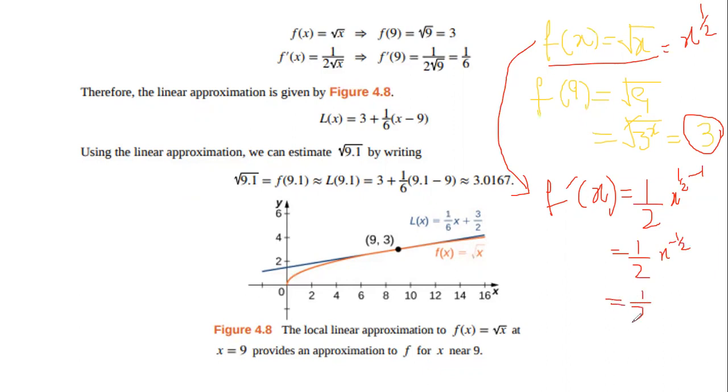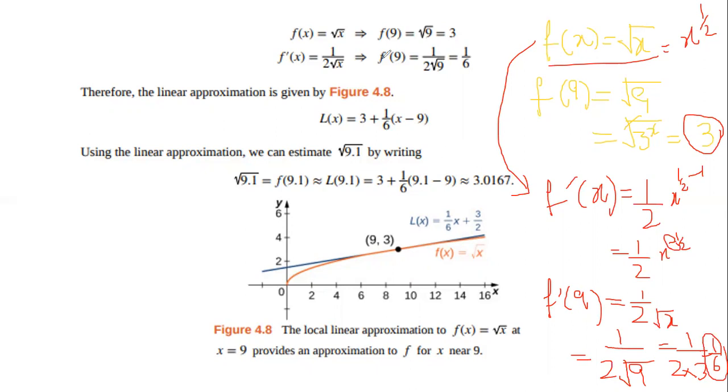It will be 1 upon 2 root x, because when the negative power comes to the denominator, it changes sign. Now I have to find f derivative of 9. Putting x equals 9, it will be 1 upon 2 root 9. Since 9 is 3 squared, it will be 2 multiplied by 3. So the answer is 1 upon 6.